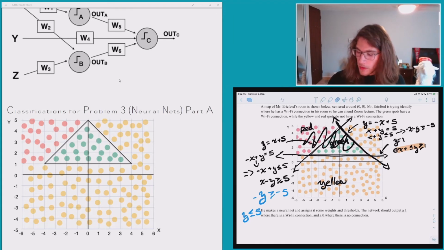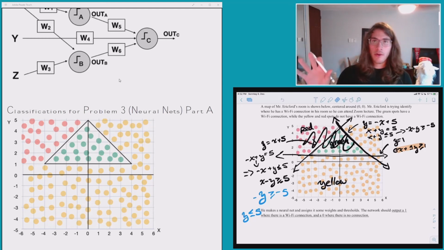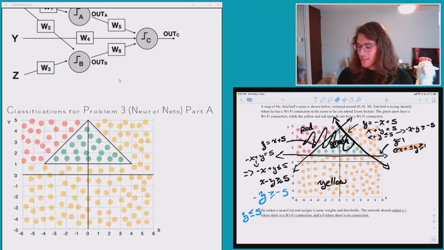It's a more sane answer, if you will, because I will be the first to admit that deleting the weights and arguing, oh, neuron A has no input, therefore it's a uniform offset for the other two, that's, I'm going to say, pretty hacky. And that's just the first solution that I thought of. The easiest one, but perhaps the one that required a different way of thinking about it, is just delete the x component, weight 1.